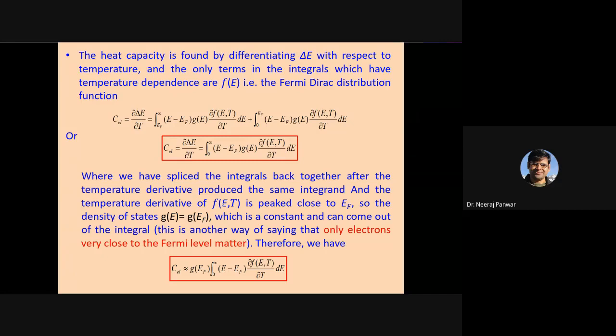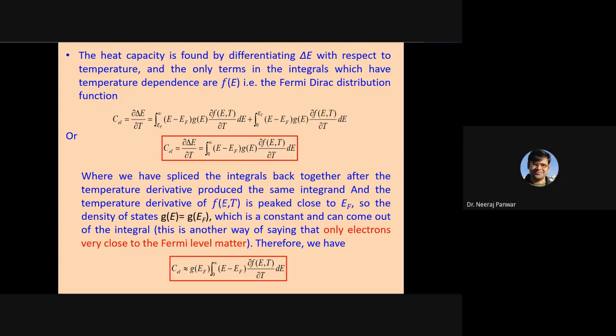So if you recall, the Fermi-Dirac distribution f of E, when it is plotted at T equal to 0 Kelvin, is a step function. And one day I discussed that the first derivative of the Fermi-Dirac distribution function is a delta function that has value only at the Fermi level, and beyond either side of the Fermi level, it goes to 0.